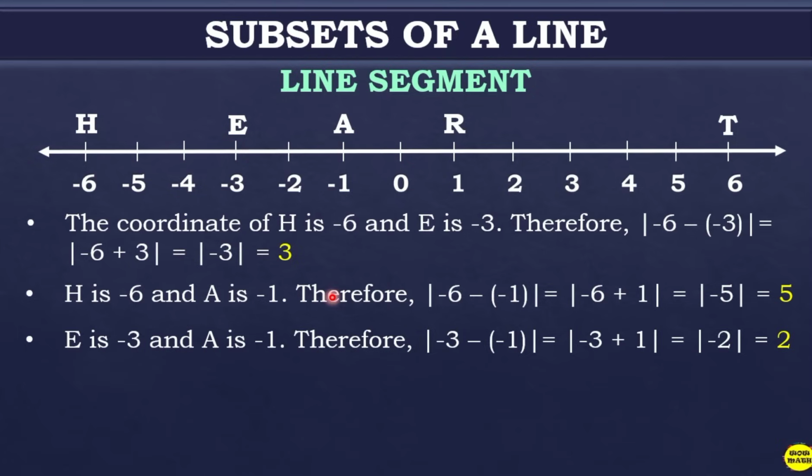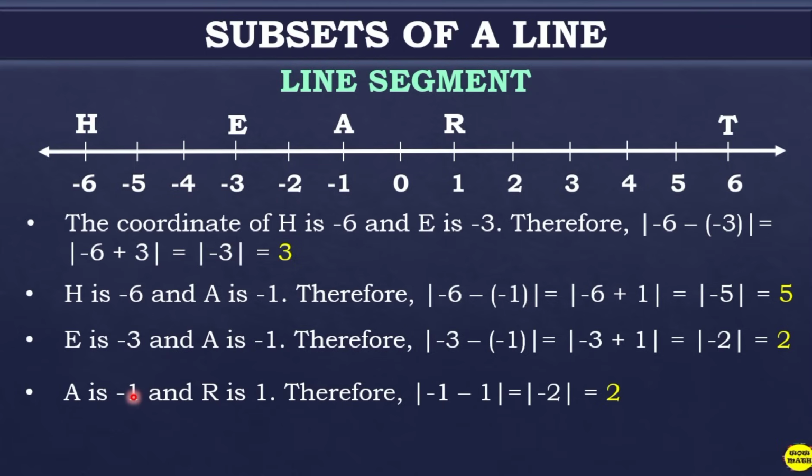Okay. Next. So for A, we have the coordinates of negative 1 and 1 for R. Okay. So therefore, negative 1 minus 1. So this will become negative 2 and the absolute value of negative 2 is 2. So AR is 2.